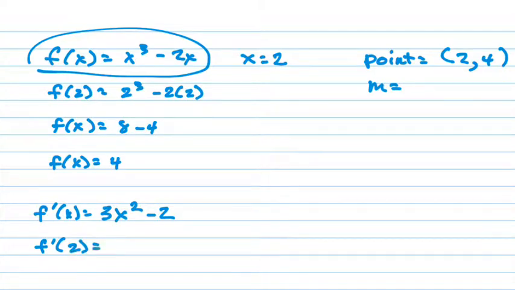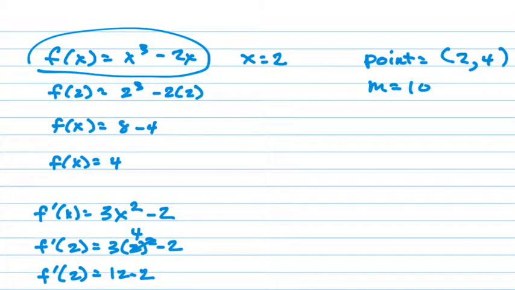So f prime of 2 is 3 times 2 squared minus 2. 2 squared is 4. 3 times 4 is 12. Minus 2 gives me a slope of 10. We all good?